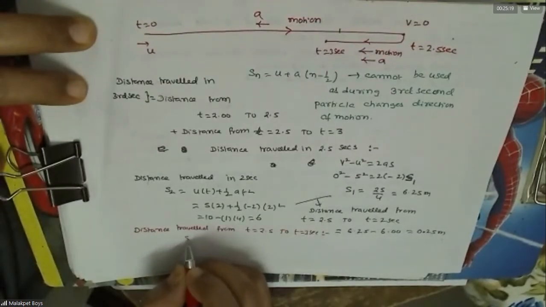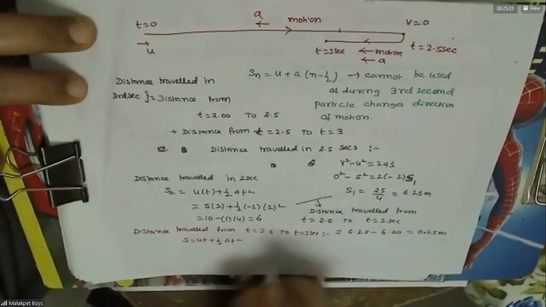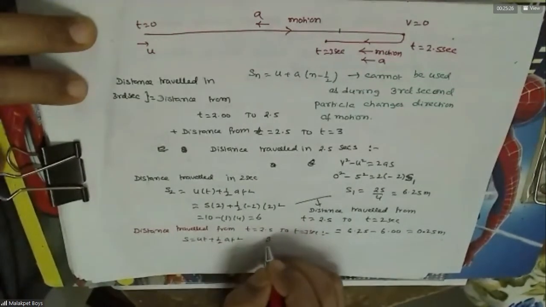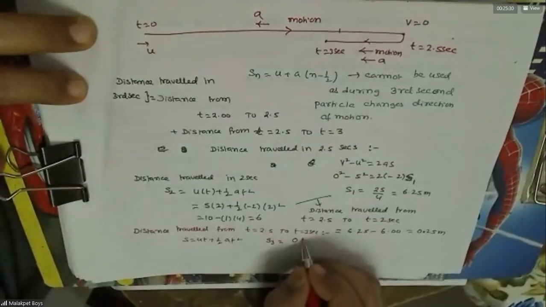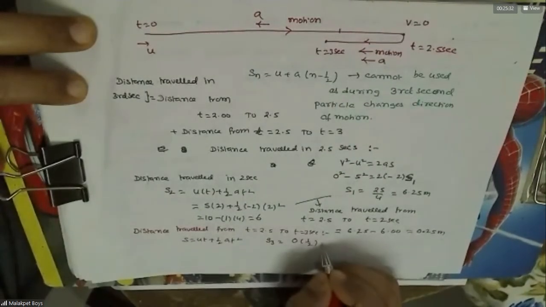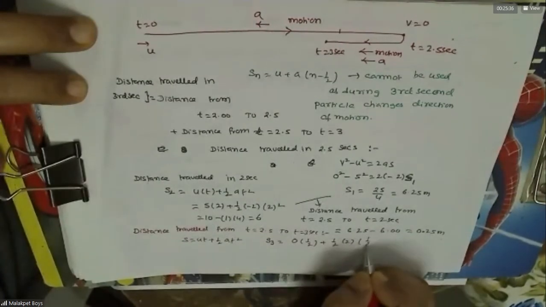Okay, we can use s is equal to ut plus half at square. I'll call that s3. It is starting from rest here, no? It travels for half a second, acceleration is positive, no?